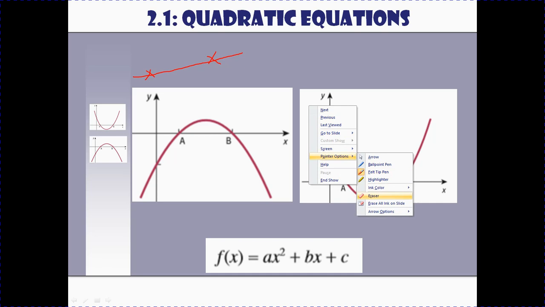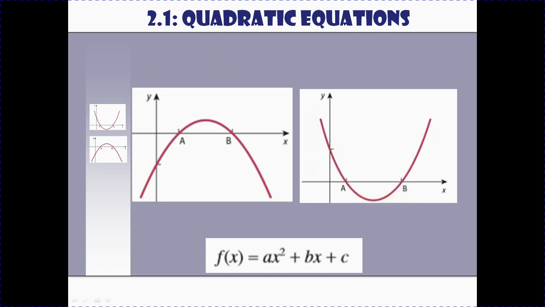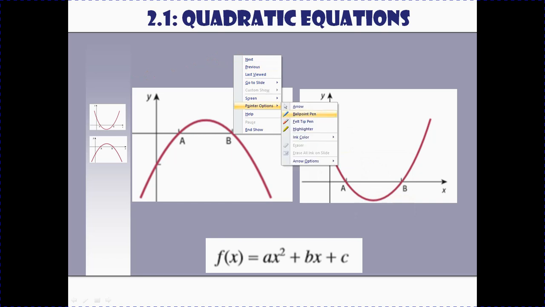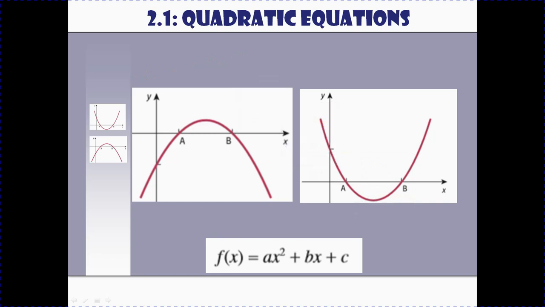While for the quadratic equation, it's different. Here we are not talking about a line. As you see, this is a curve, not a line. So the curve is always changing its direction, either for this shape or for this shape.